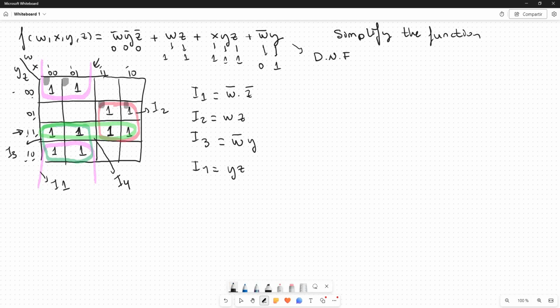So only implicant 1 and implicant 2 are essential prime implicants because they are covering distinguished cells. All of them are prime implicants, but only 1 and 2 are essential prime implicants. So in order to obtain the minimal sum and simplify the function, we have to include implicant 1 and implicant 2.